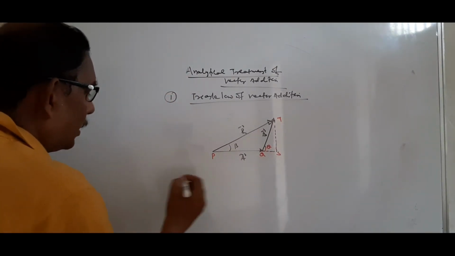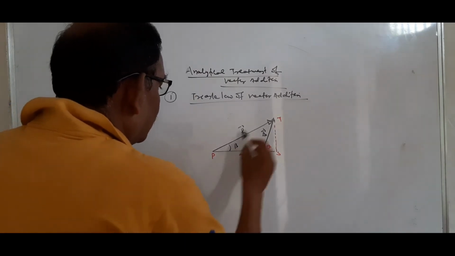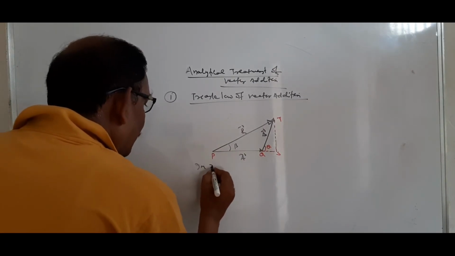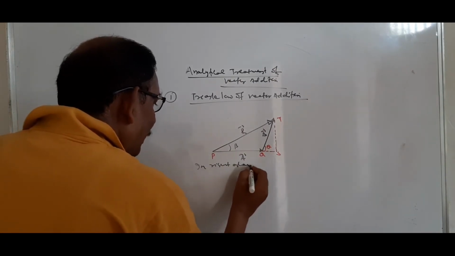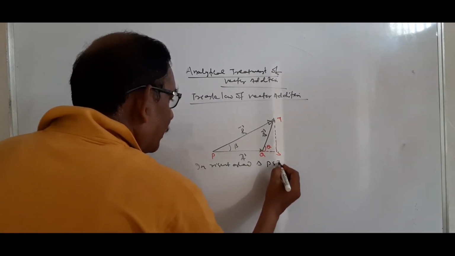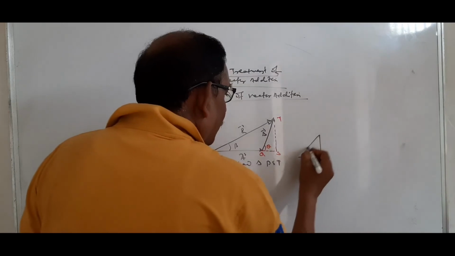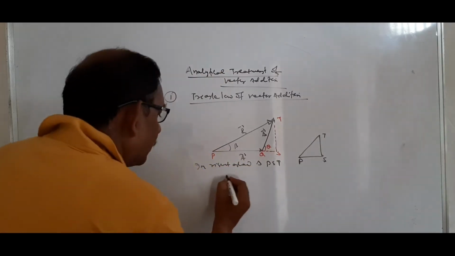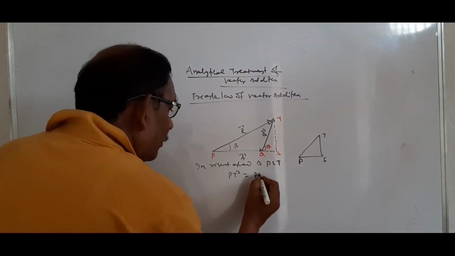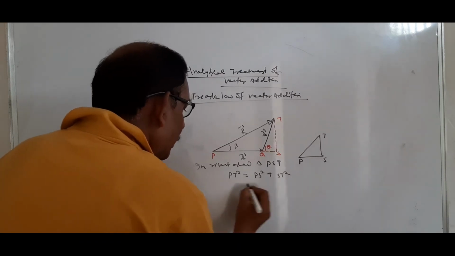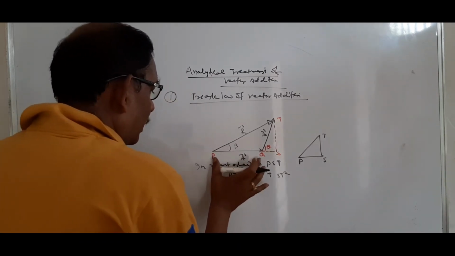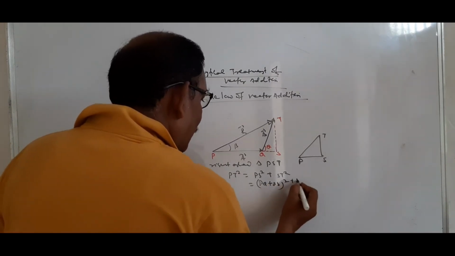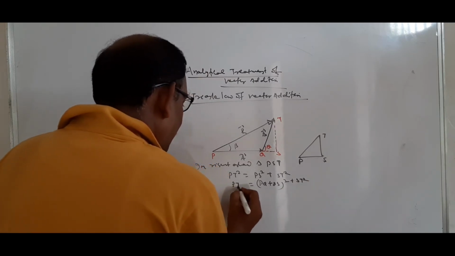So here you have to find out the resultant R by taking this side in right angle triangle PST. It is your SPT. PT square is equal to PS square plus ST square. Now PS is your PQ plus QS whole square and ST square. It is your PT square. Okay.